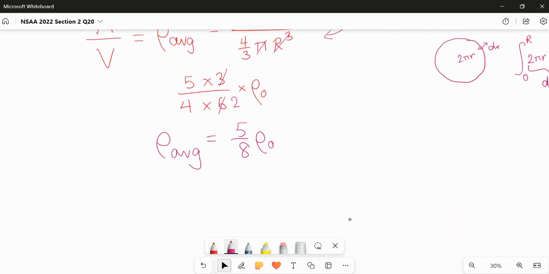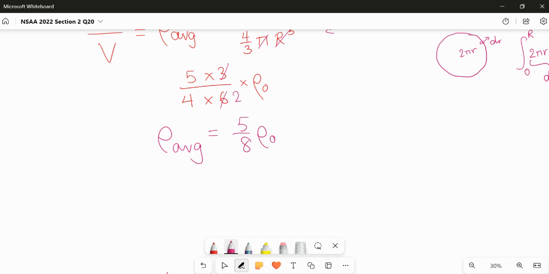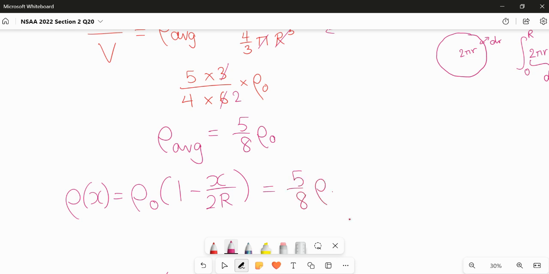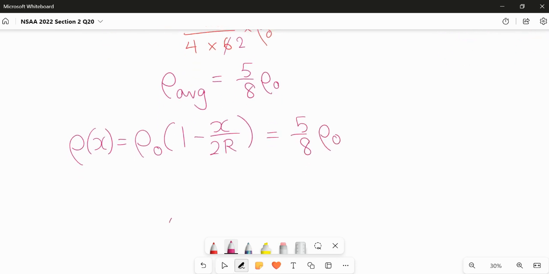So let's check at what x position this is. If we set rho naught times 1 minus x over 2r, the formula for the density at some position x, equal to 5 over 8 rho naught, we can see here that 1 minus x over 2r equals 5 over 8.